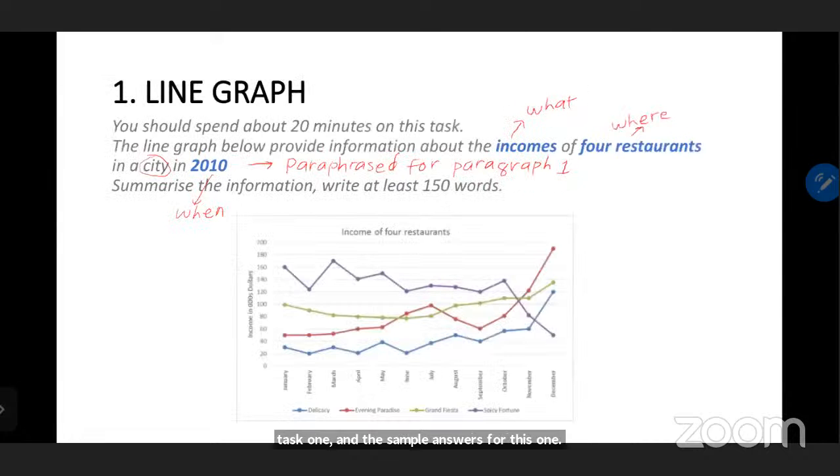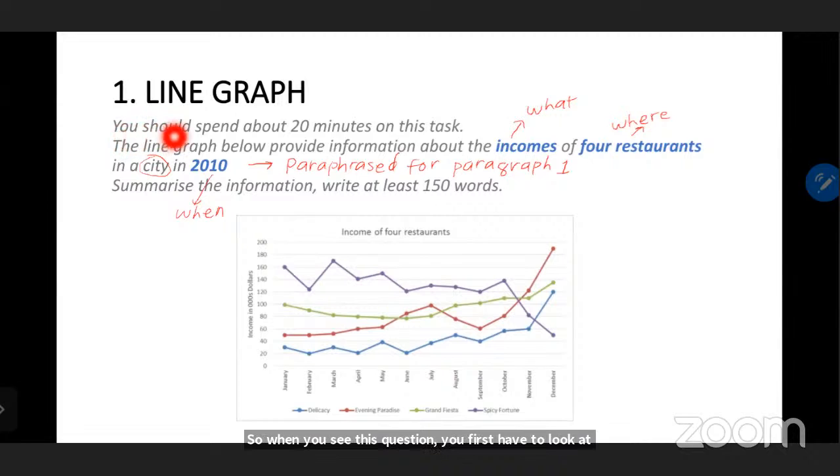Okay, the first example is the type of graph, which is line graph. Okay, so you can see here, this is the picture and this is the direction and the information. Okay, so when you see this question, you first have to look at the directions.